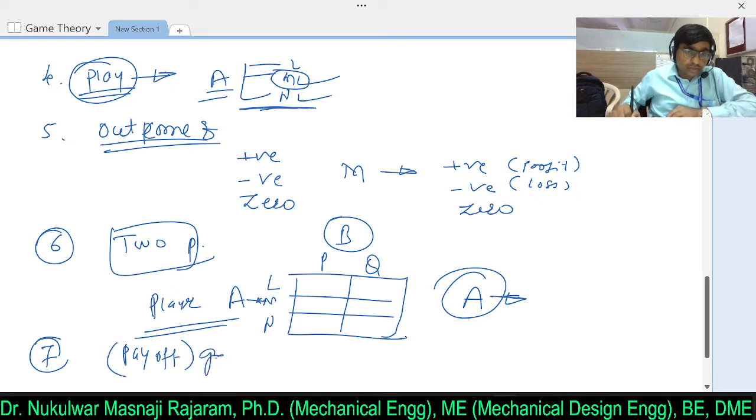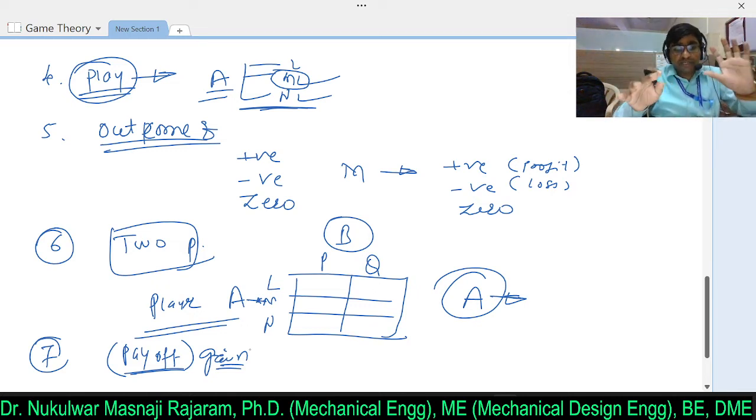Clear. The gain for each and every play is fixed and specific in advance, and is known to each player. Because right now I have not entered any value. However, this entire payoff, gain or loss, whatever it is, is known to each competitor.